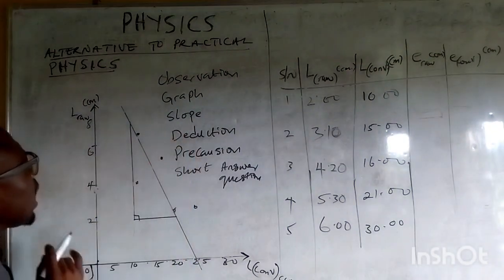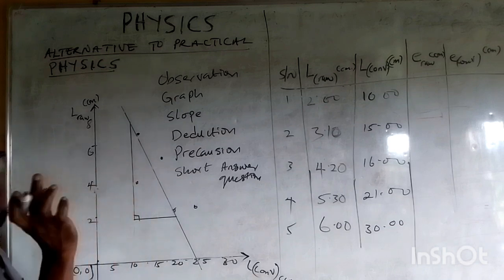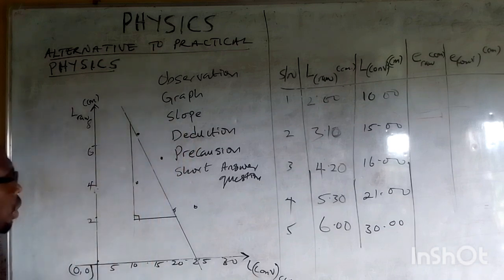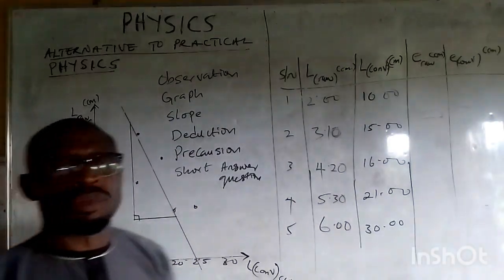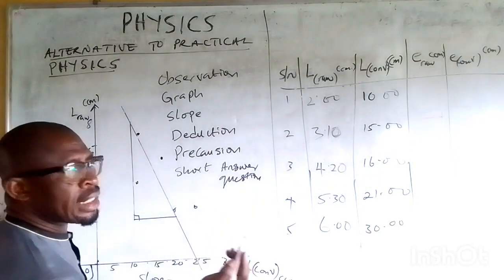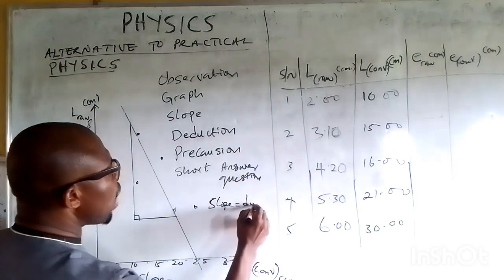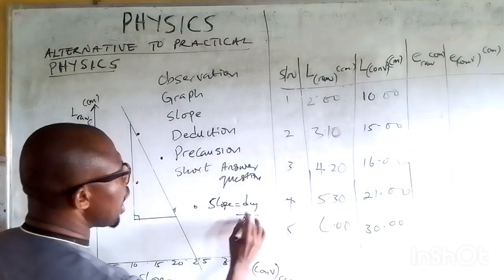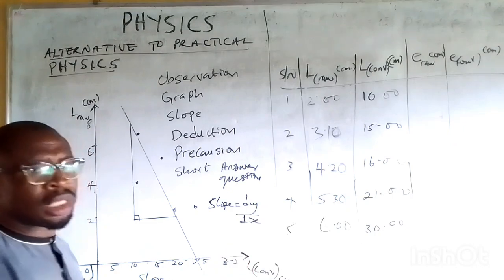Now, the second thing I will need to discuss about this slope is that while making your deductions, most times we end up writing slope is equal to delta y divided by delta x. Let's say slope is change in y all over change in x. Please avoid this.